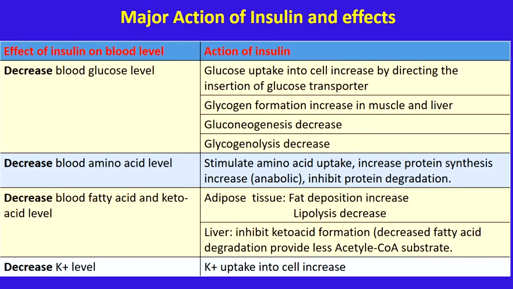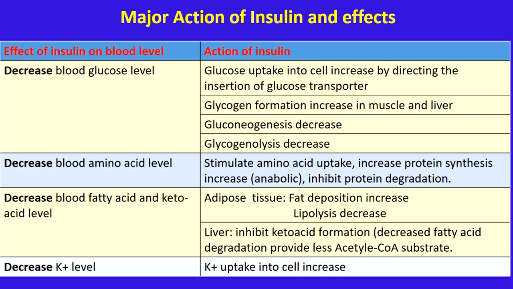Now let's look at the major action. Let's combine everything together and look at the major action of insulin and its final effect on the different levels, such as the glucose level, amino acid level, and the fatty acid levels.